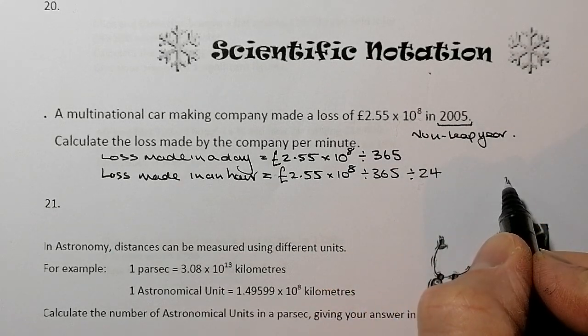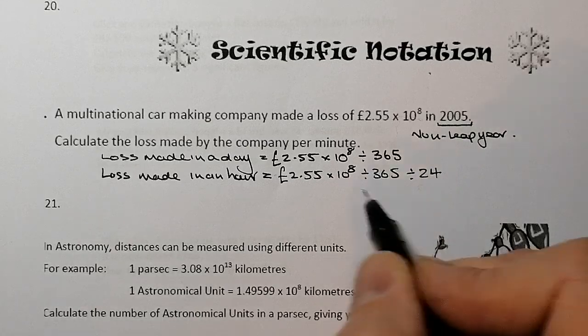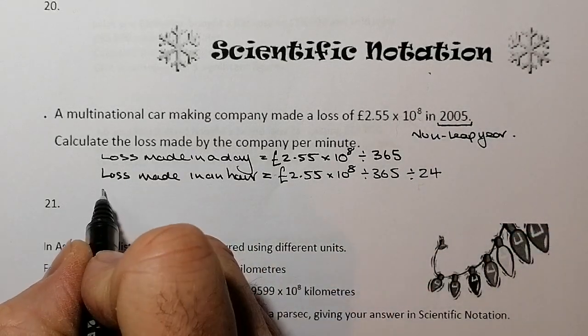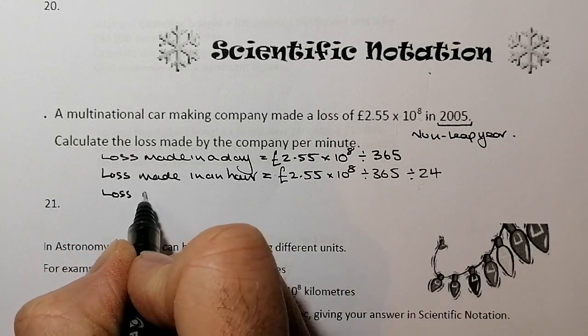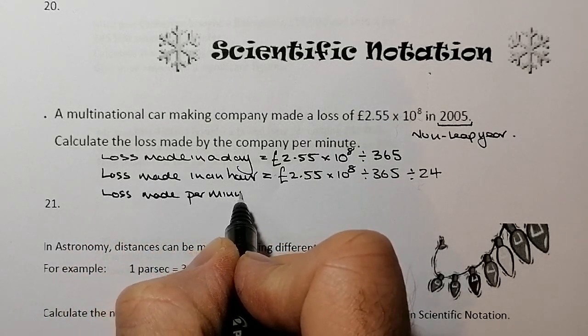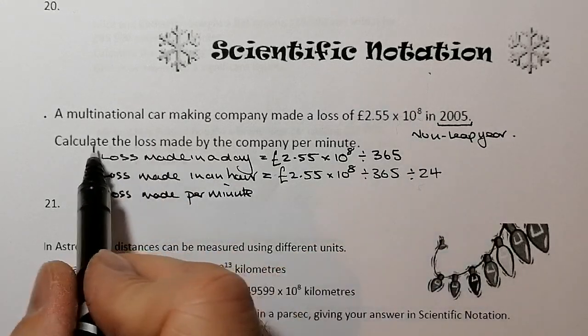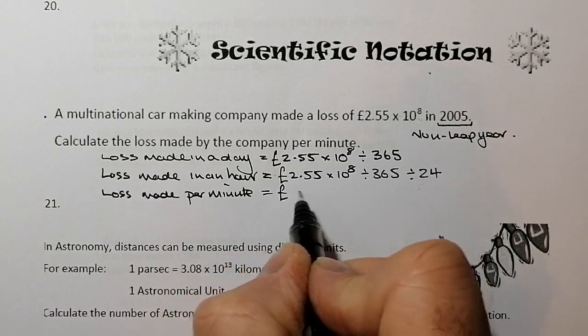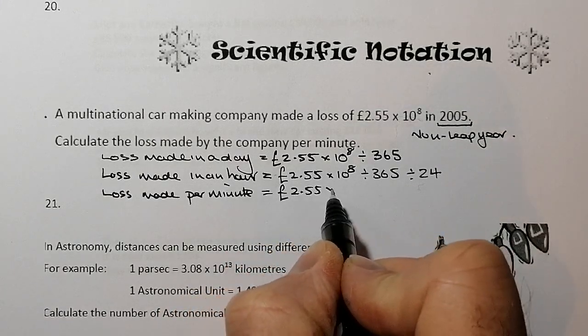And I could write out the answer there and then work it out from there. I'm going to just keep it as that calculation because I now want to work out the loss made per minute, and that's really what I've been asked to do in this question.